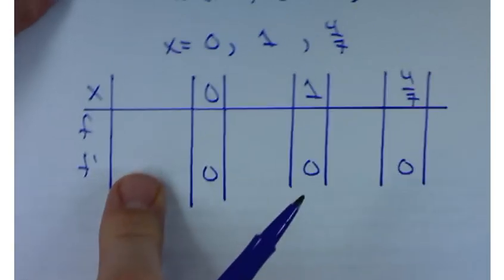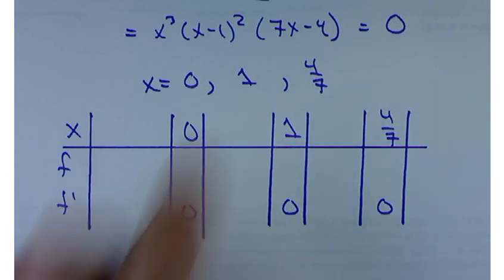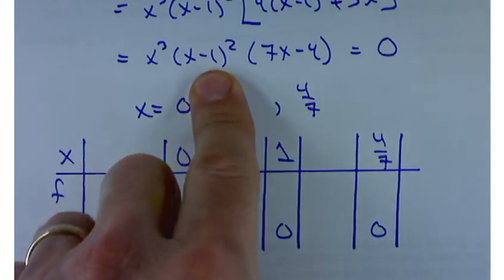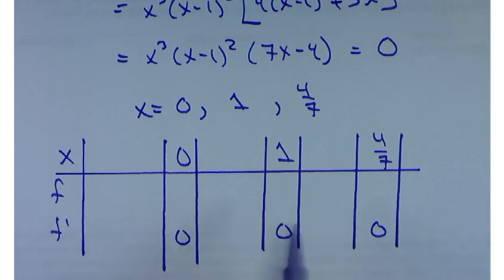I need to test the sign of the derivative in between all these points. So, okay, well, let's do that. I'm going to plug the derivative into my function in my calculator and test points on either side of all these critical points.